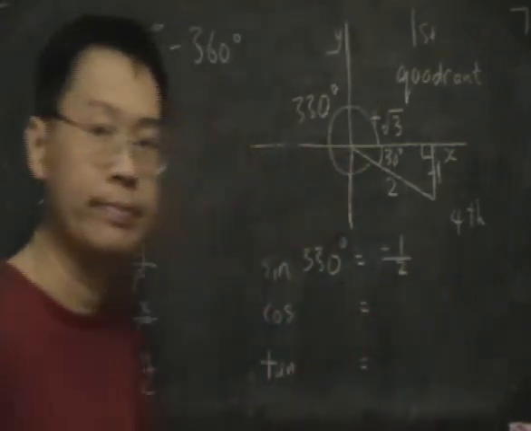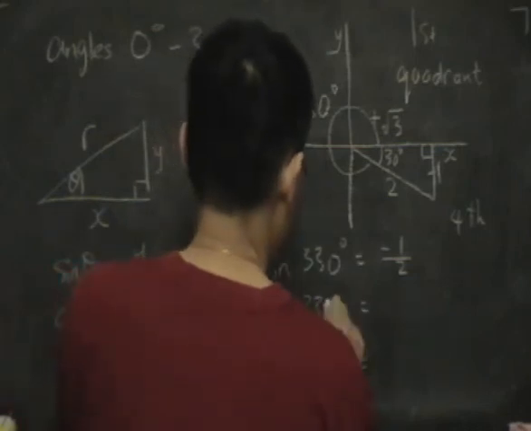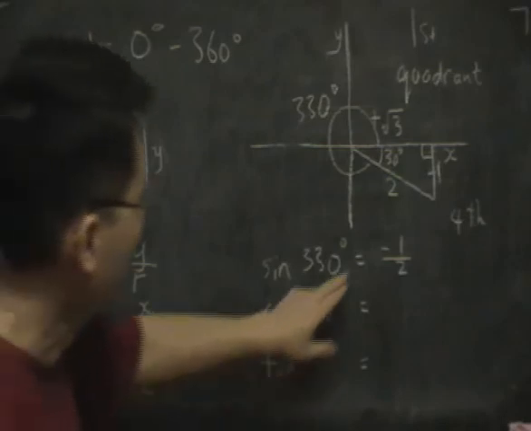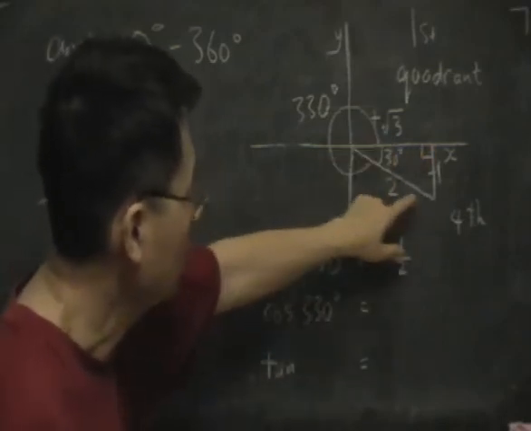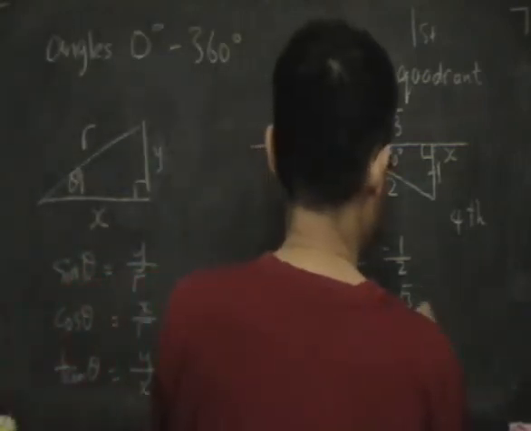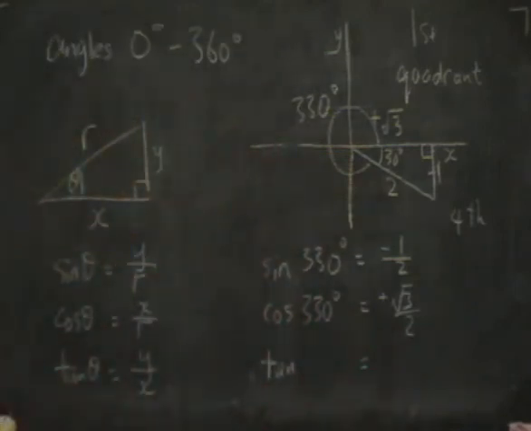Minus half. Cosine 330 degrees, adjacent √3 over 2. Positive √3, so a positive number.